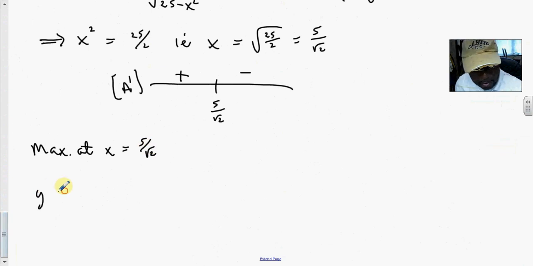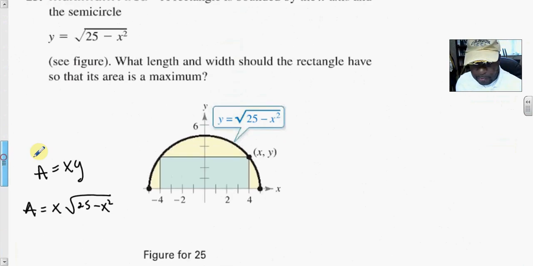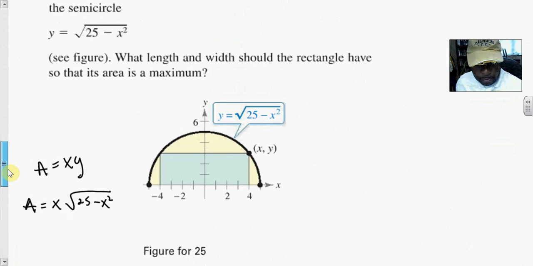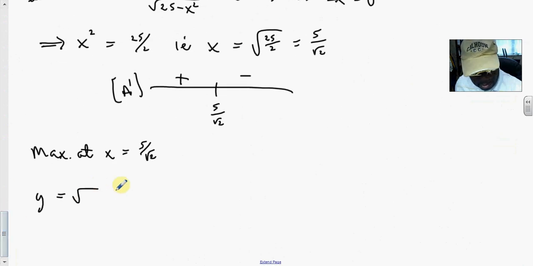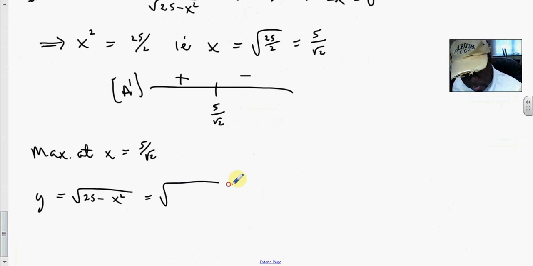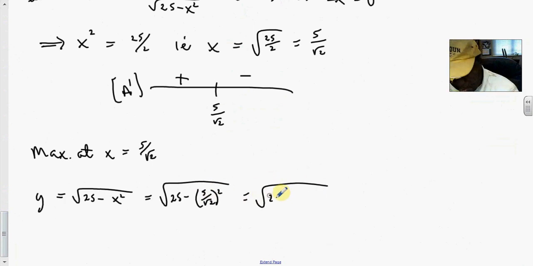Now what's y? Well, y is given by the semicircle, the square root of 25 minus x squared. So this is the square root of 25 minus 5 over the square root of 2, that to be squared. So this is the square root of 25 minus 25 over 2.